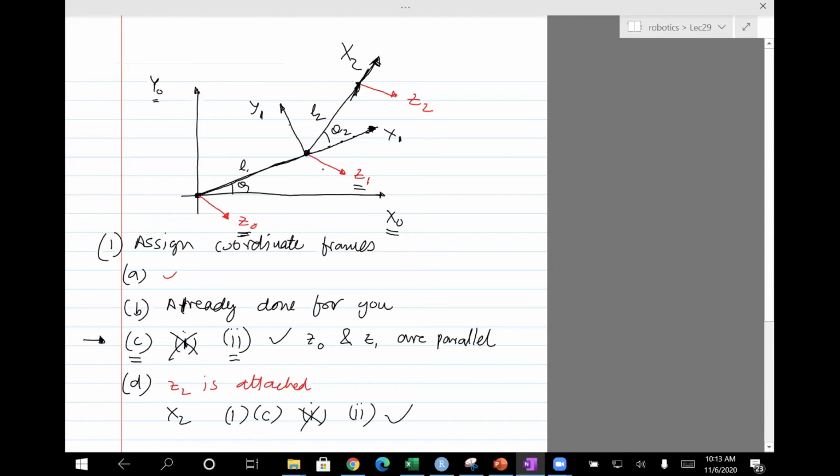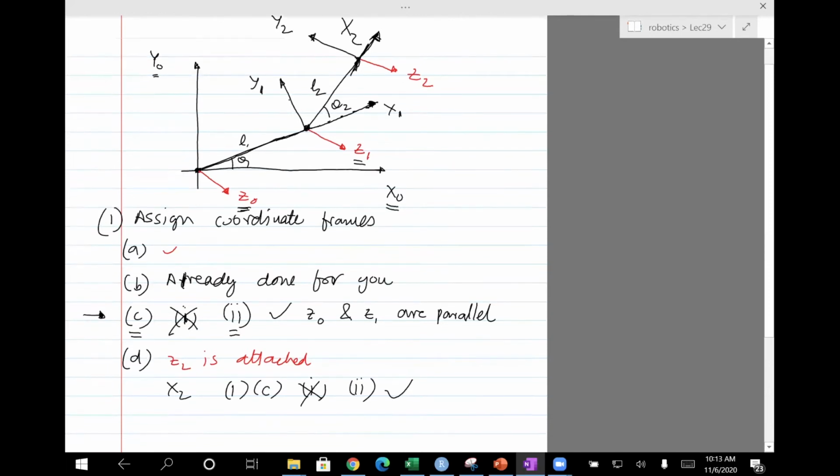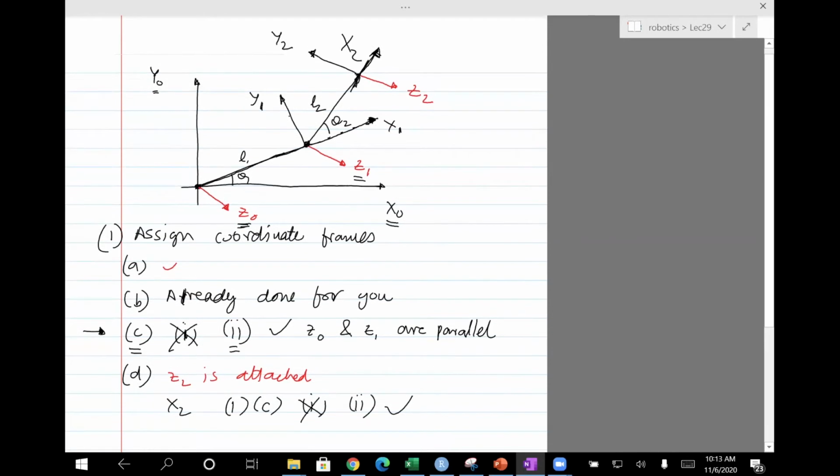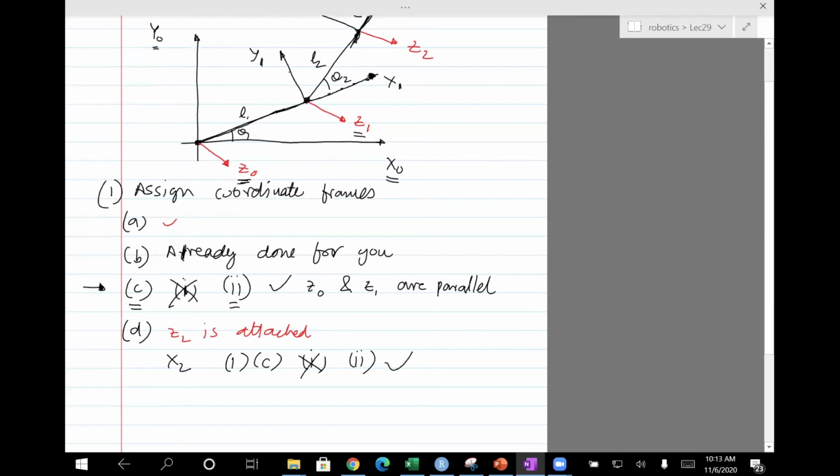So this is the right hand rule. Curl the four fingers on your right hand from x1 to y1, and your thumb will give the direction of z1. Similarly, we can show that y2 is in the direction shown. So you can put this if you want, but it does not have bearing on the solutions which we will develop. Okay. So we've finished step 1.